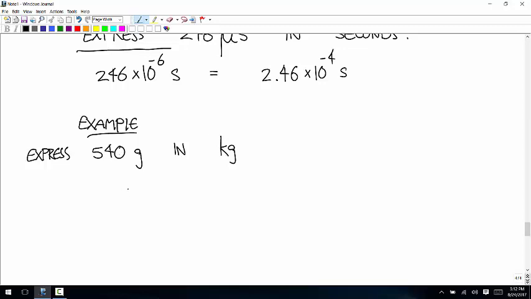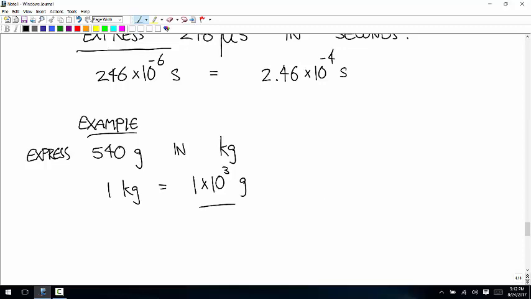Well, we know that 1 kilogram is equal to 1 times 10 to the positive third grams, because this kilo means times 10 to the third.